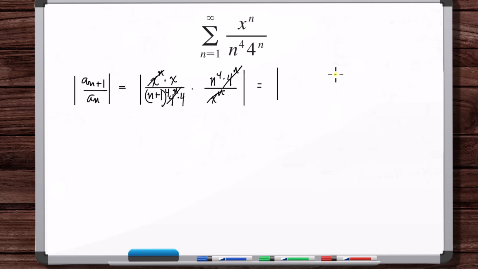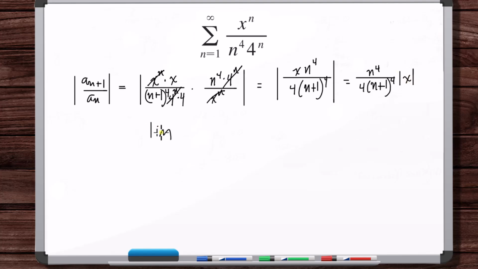So we can take out this, which is always positive. So we've got the limit as n goes to infinity, and we can take out of this the limit, 1/4 absolute value of x.